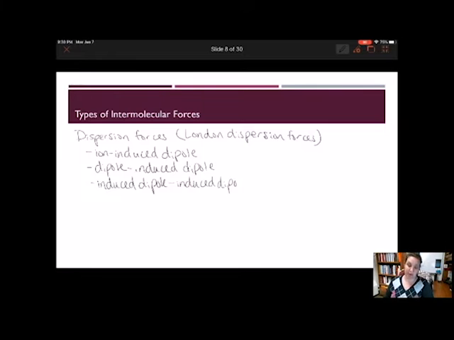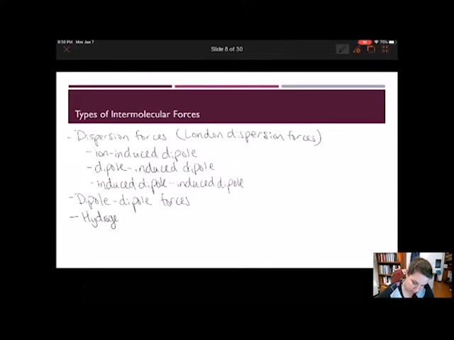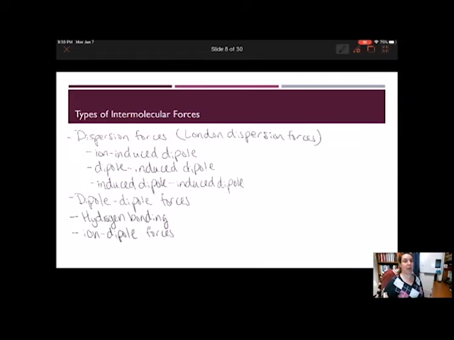Moving on from here, we have dipole-dipole forces. Then we have hydrogen bonding. And lastly, ion-dipole forces. So these are different types of intermolecular forces. Sometimes we put hydrogen bonding under a type of dipole-dipole force, but for simplicity's sake, we're just going to keep them separate.